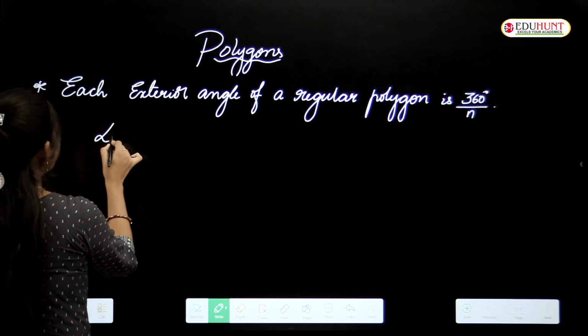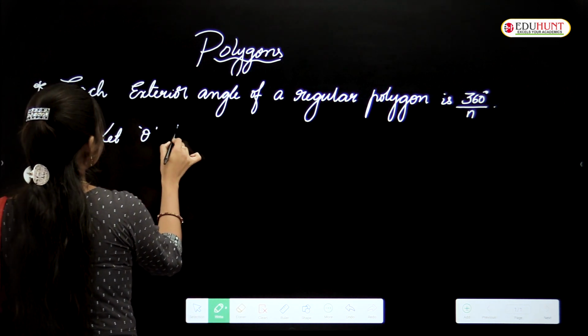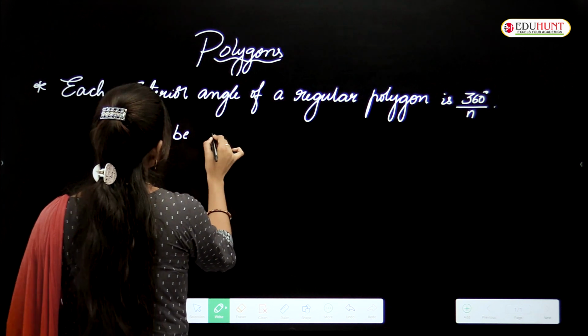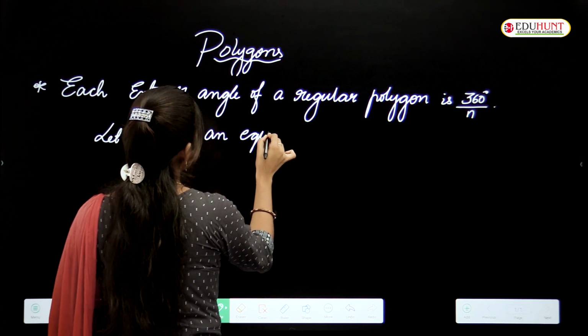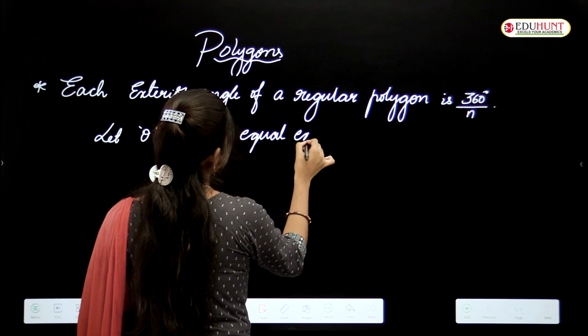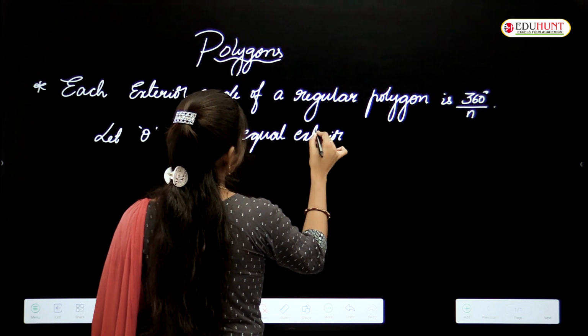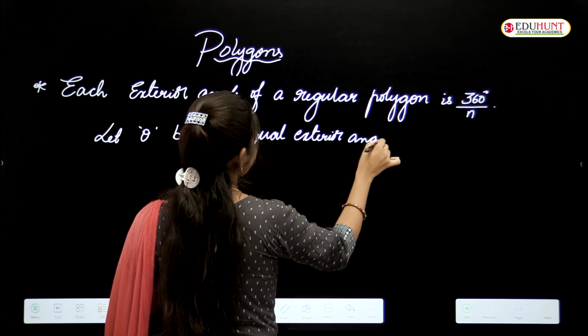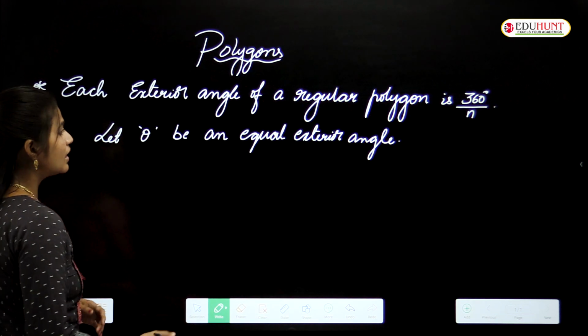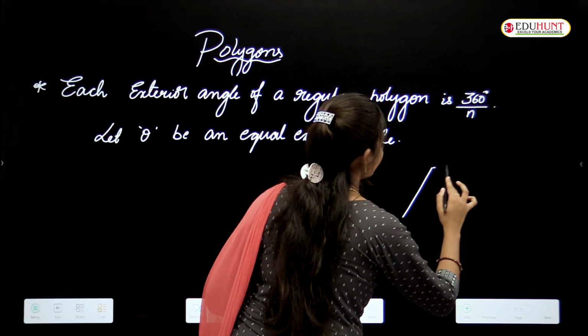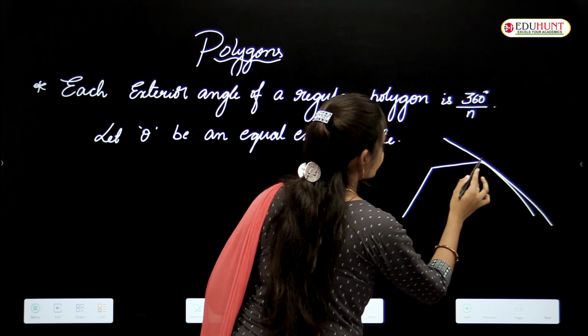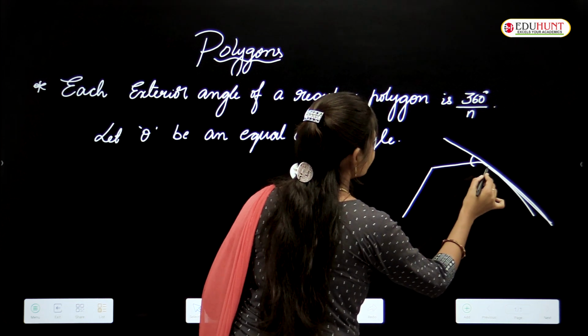So here let theta be an equal exterior angle. Okay, so here just take any other example like this, take one polygon.